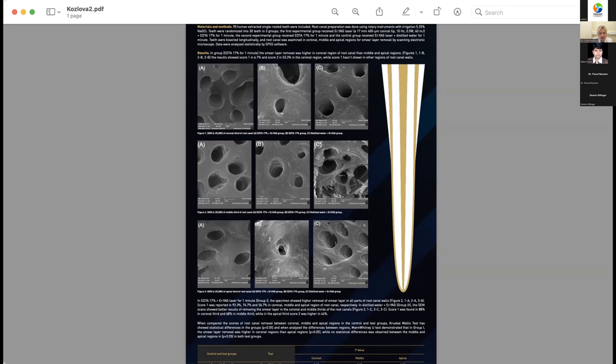Using EDTA 70% alone for cleaning and removing the smear layer was less effective than laser. Nevertheless, it could be useful when used for 1 minute with sodium hypochlorite, which we also use very often in endodontic treatment, but unfortunately it has a cytotoxic effect.